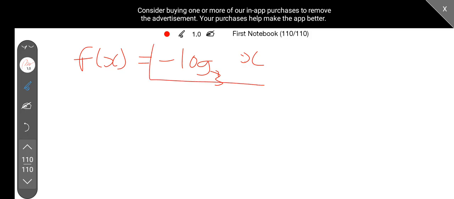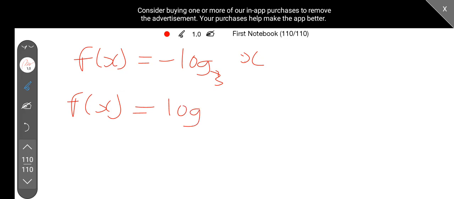Remember this stands for the y value. If we reflect in the x-axis, then the entire expression, which is the y value, will change from negative to positive this time. Remember, it changes from positive to negative or negative to positive. So this time the negative sign will become positive, and this will become f of x is equal to logarithm. Because we have switched the sign, we are going to have base 1 over 3 and then x.